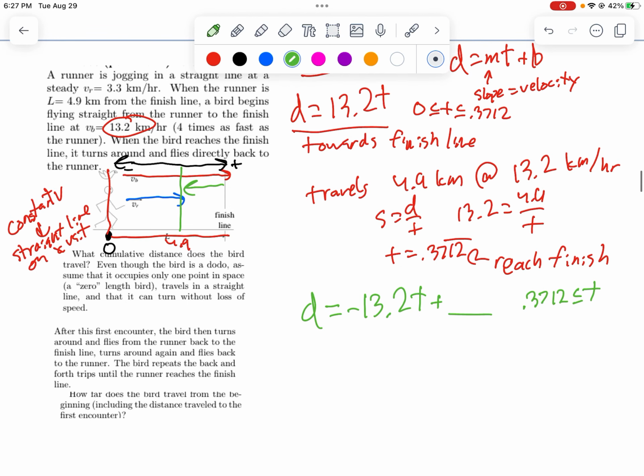Okay, and to find that some number we don't know, we use what we do know. So we know that it takes 0.3712 hours for the bird to reach the finish line. So then 4.9 equals negative 13.2 times 0.3712 plus some number, I'm gonna call it b. All right, because we know the bird takes 0.3712 hours, and at time equals 0.3712, it is at the finish line, so it has traveled 4.9 kilometers.